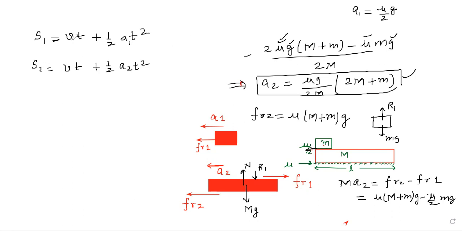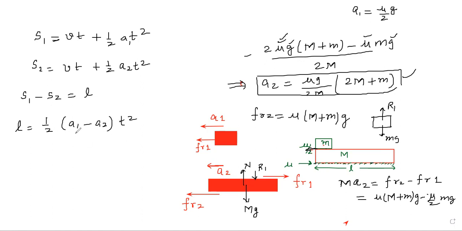But the first body has to cover L meters more to get detached from the bigger one. So S1 minus S2 must be equal to L. If we subtract the two equations, we get L equal to 1 by 2 times a1 minus A2 times t square.